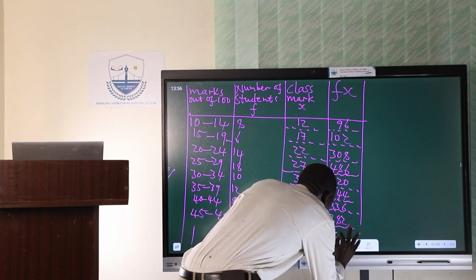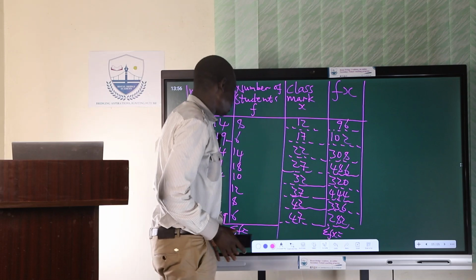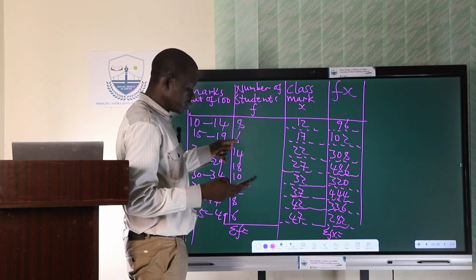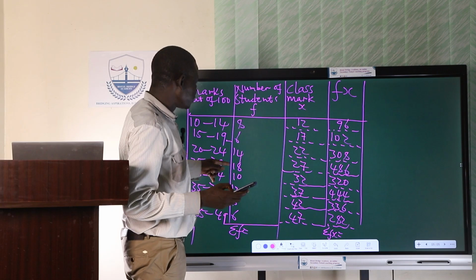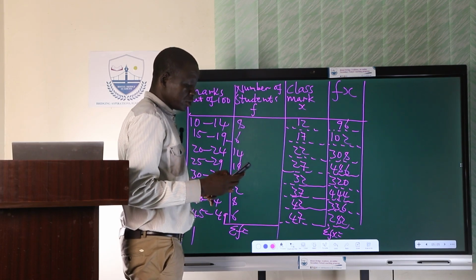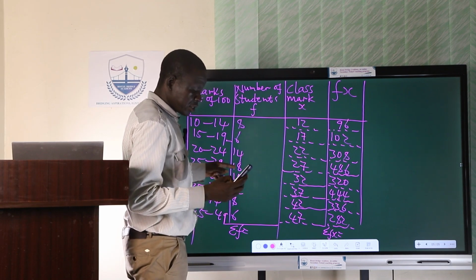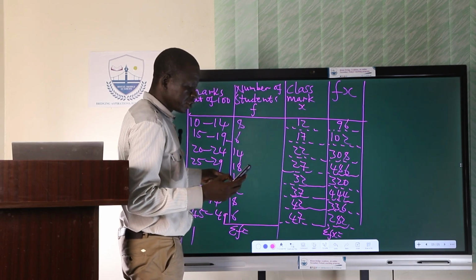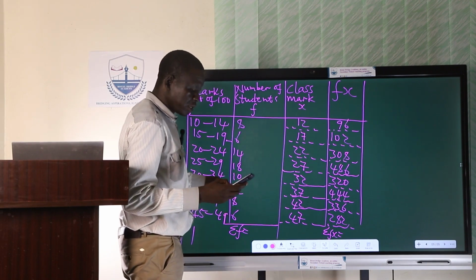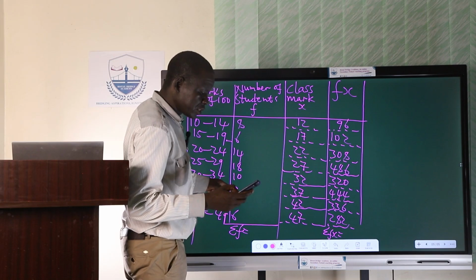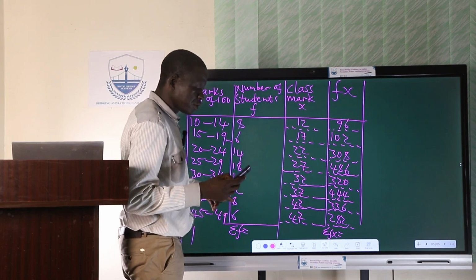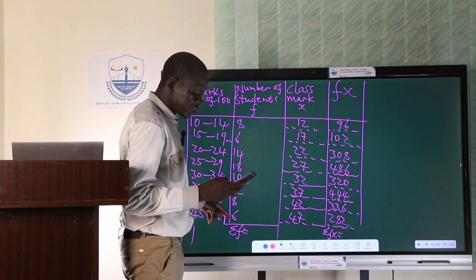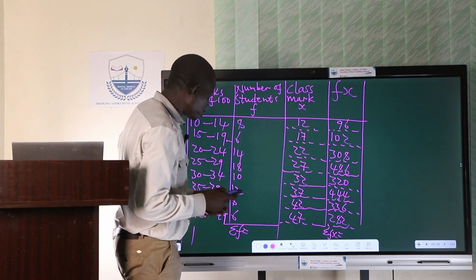So here we add the total frequency values and we get 14, 14 plus 14, 28, 28 plus 18, we get 46, then plus 10, we get 56, plus 12, we get 68, then plus 8, we get 76, then plus 6, we find that we get 82.